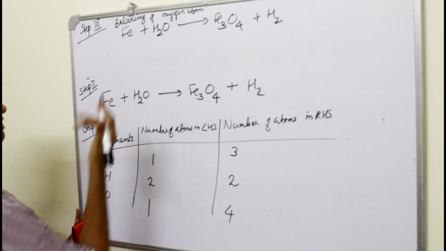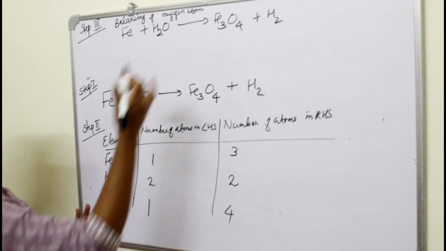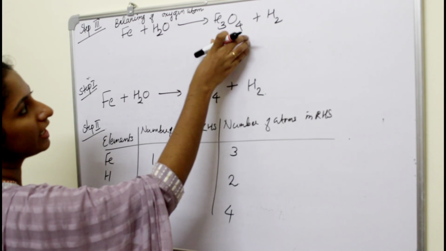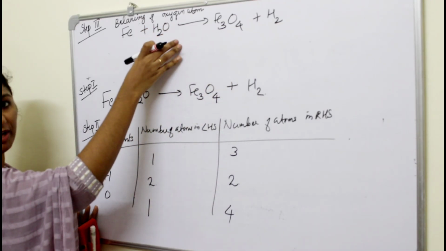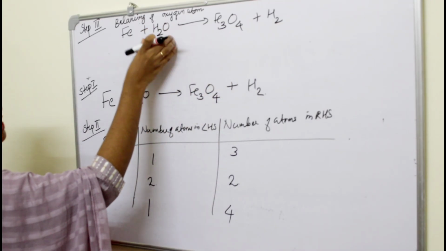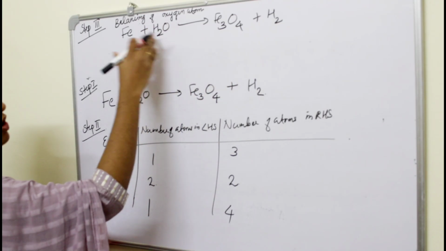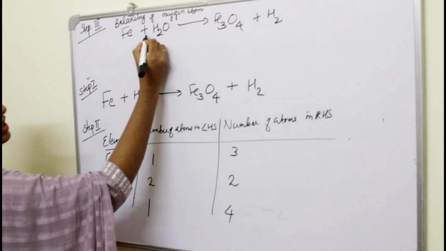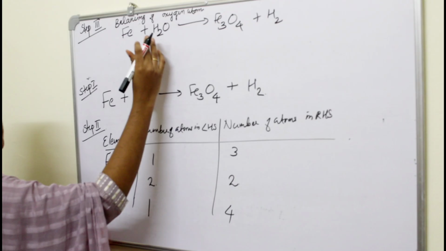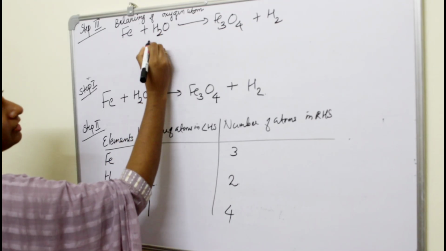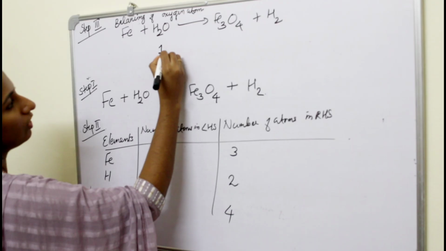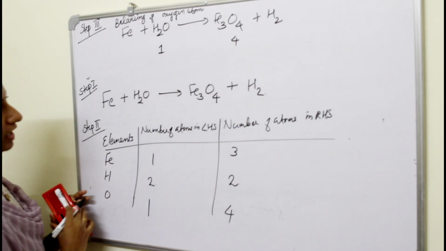So how can we balance this equation? Here we have 4 oxygen atoms, right? So we want to get 4 oxygen atoms in the left hand side also. So to add 3 more oxygen to this left hand side, we will add a coefficient before this water. Here we have 1 oxygen atom, here we have 4 oxygen atoms.